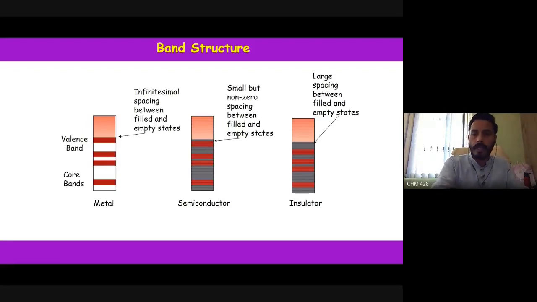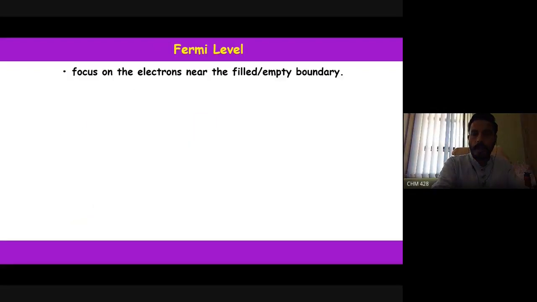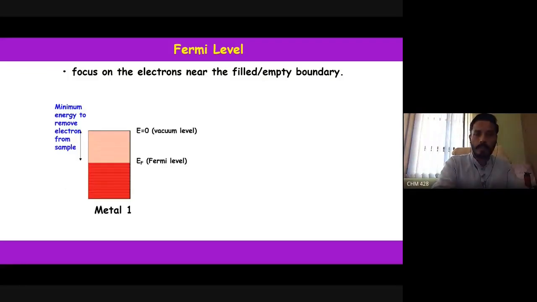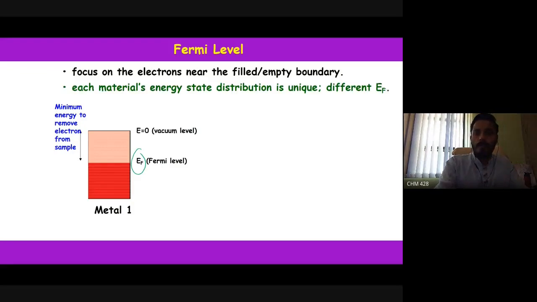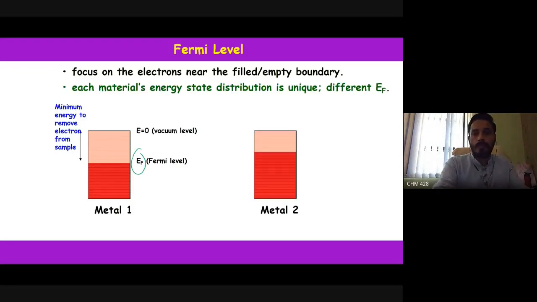For example, take two metals: metal 1 with the Fermi level like this, and another metal with a Fermi level somewhere here. You can see the Fermi level of metal 2 is higher than that of metal 1 now.